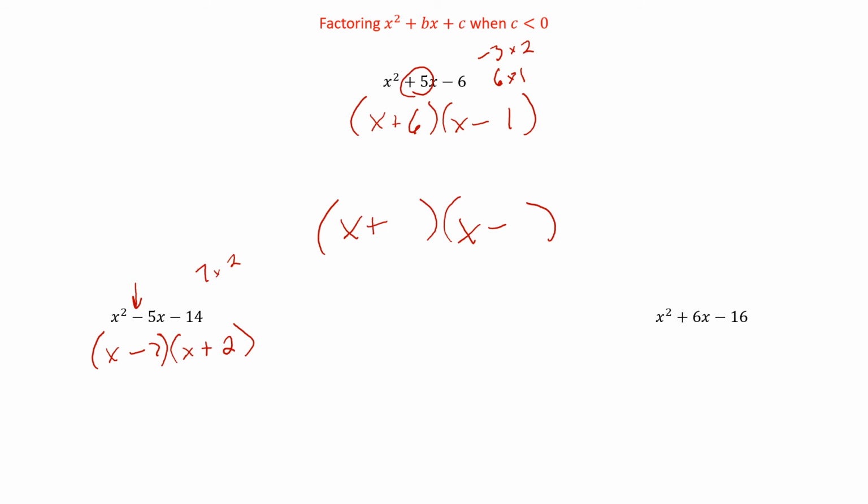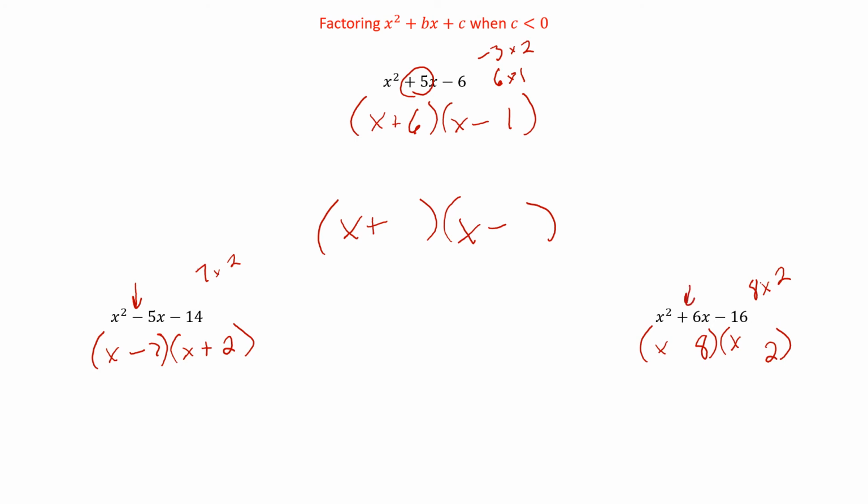How about over here? 16? Well, that could be 16 and 1. That's going to subtract to give us 15, not 6. We could have 8 and 2. 8 and 2 subtract to give us a 6. So we'll go with the 8 times 2. So we'll have an x and an x, an 8 and a 2.